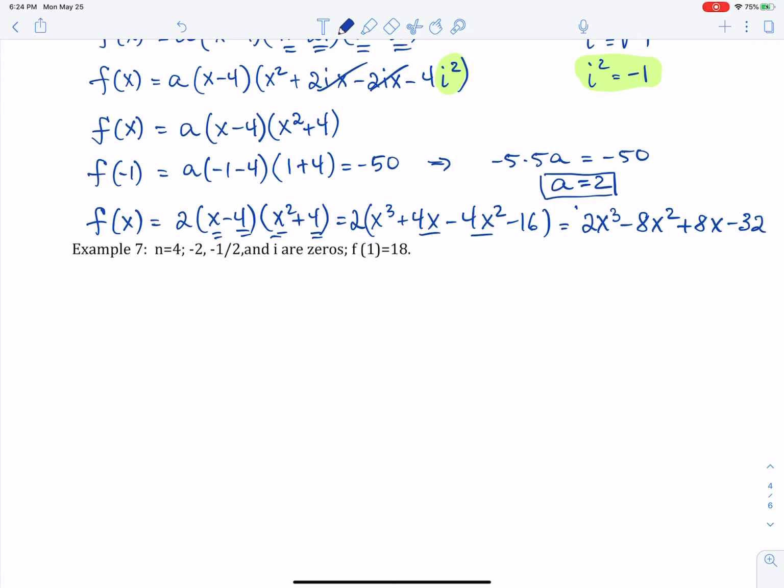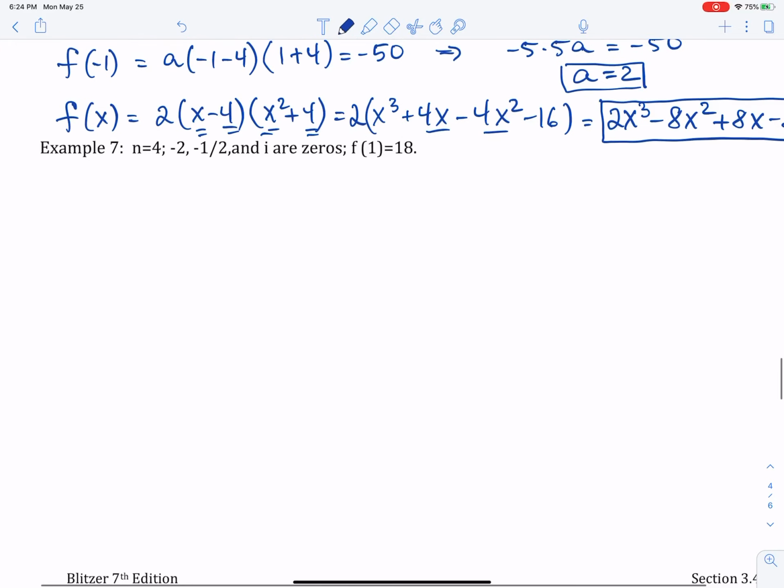That's my final answer. So we were able to find a polynomial that way.